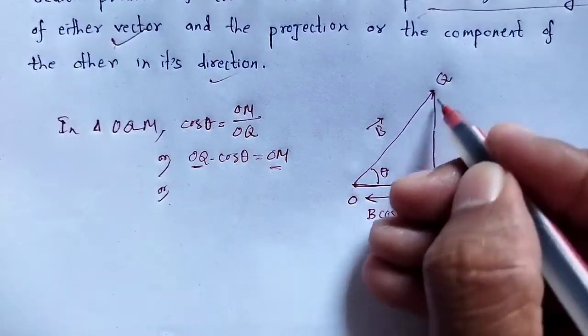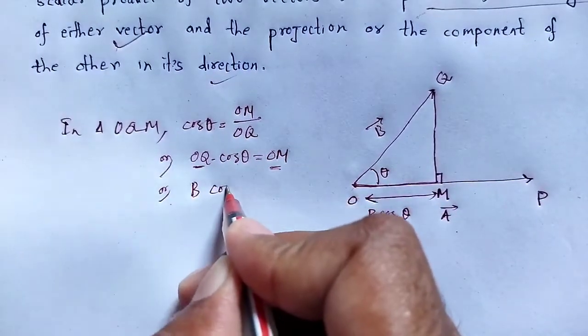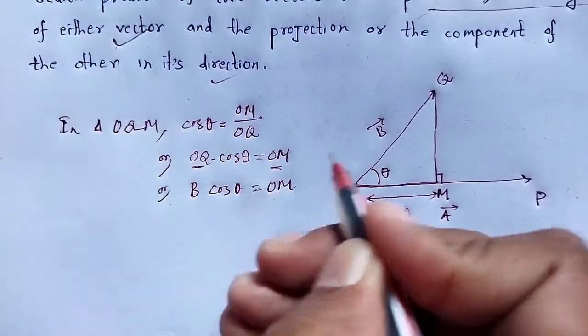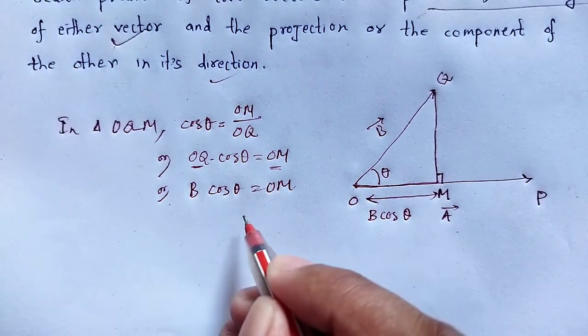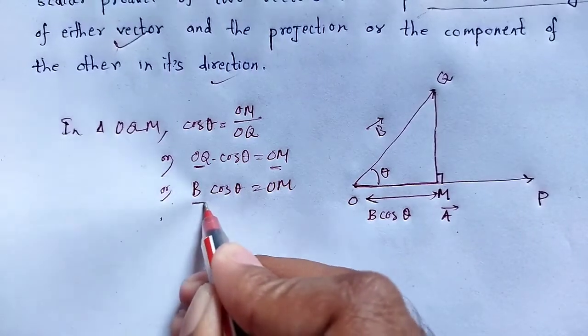That means OQ, which is B, cos theta is equal to OM. The value of OM is B cos theta. B cos theta is nothing.